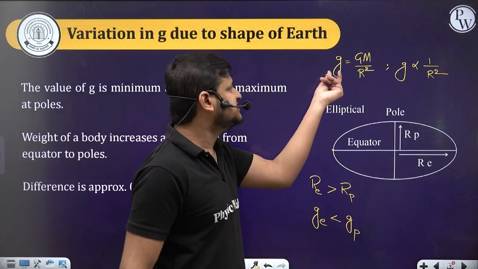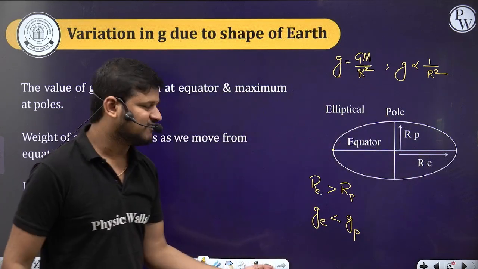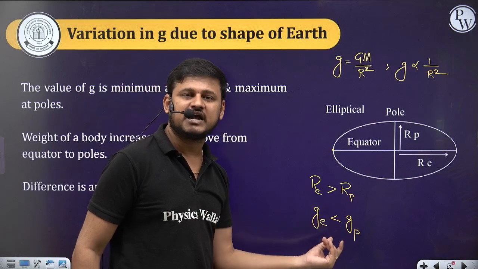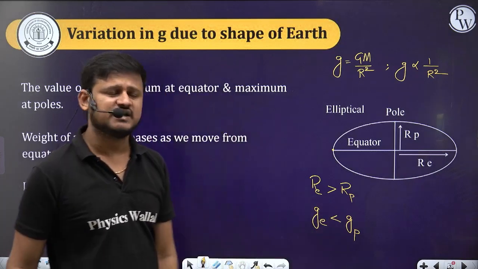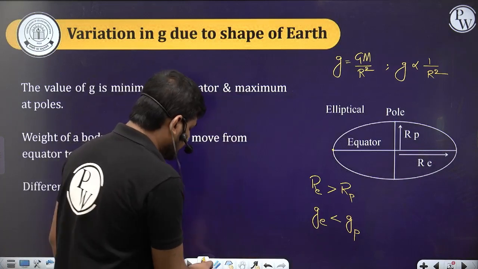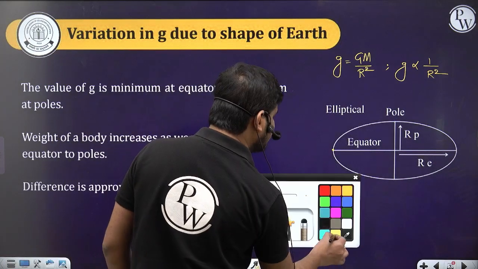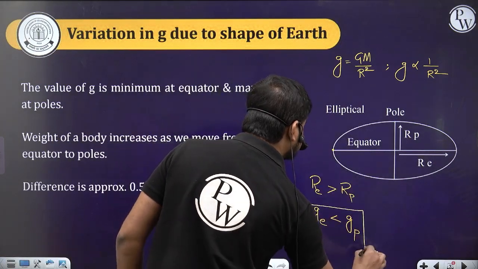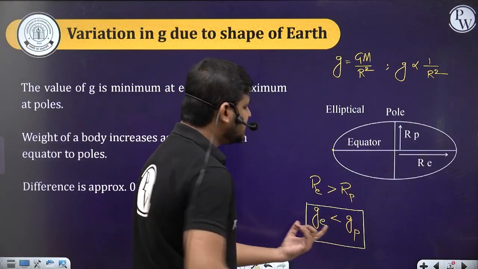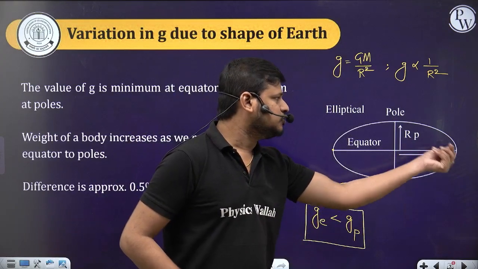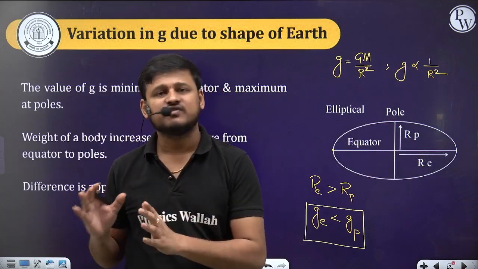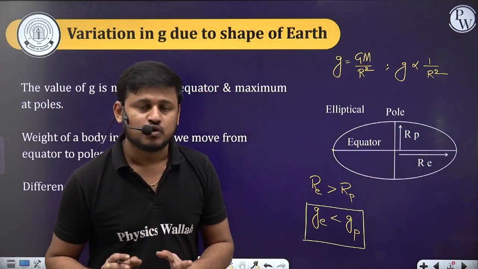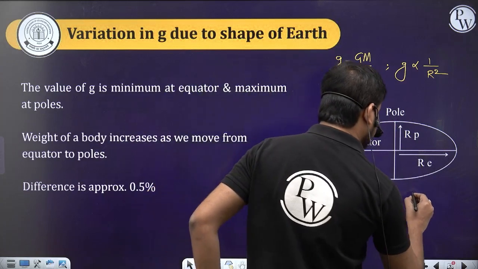We know that g is inversely proportional to r square, so the acceleration due to gravity at the equator will be less than at the pole. This difference is not going to be very big. It's going to be very small. The variation in g from the equator to the pole is approximately 0.5% only. Okay, I'll give the values also.